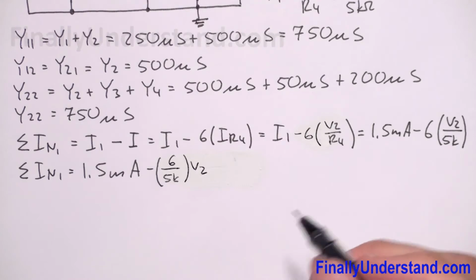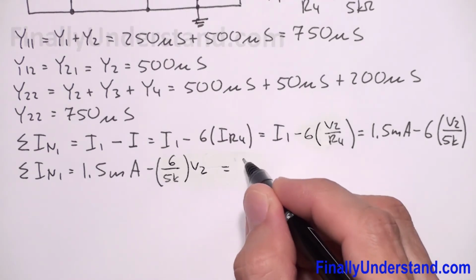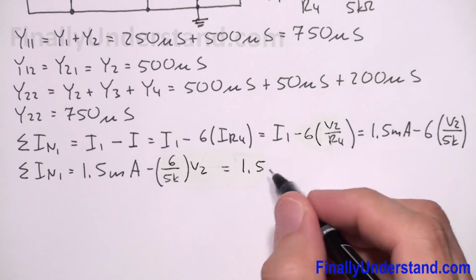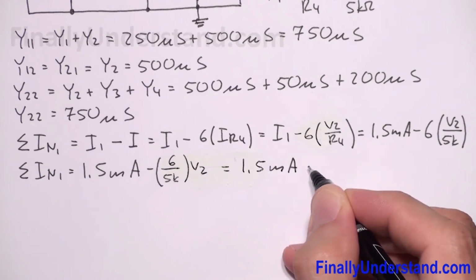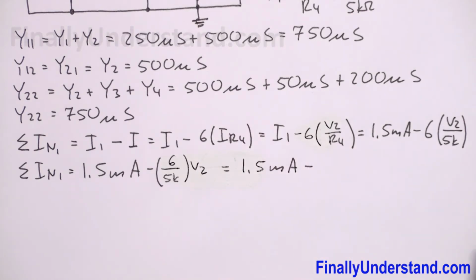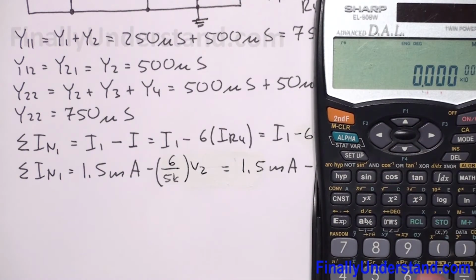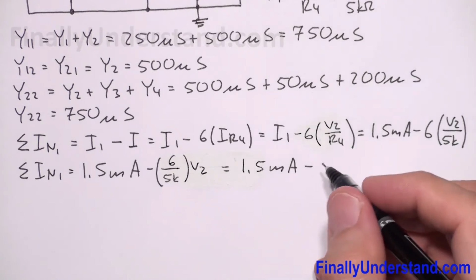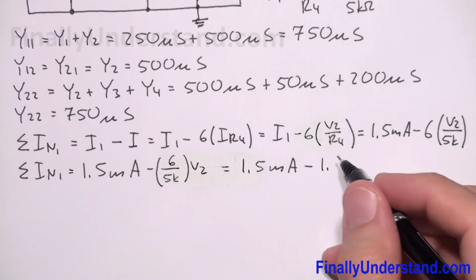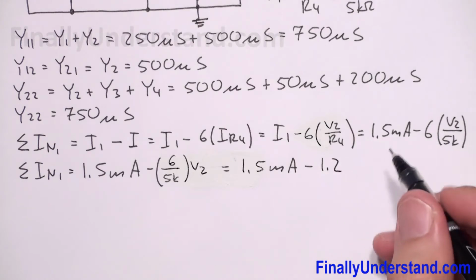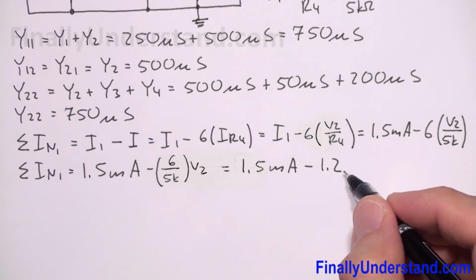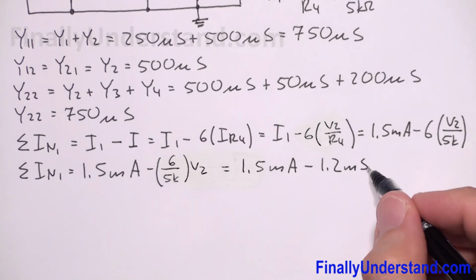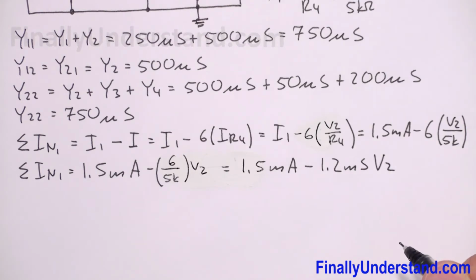This is exactly the same thing. So this is equal to 1.5 milliamps minus 6 divided by 5K. So I have 6 divided by 5 times 10 to the 3, which is equal to 1.2. So this is 1.2 millisiemens, and this is my V2.